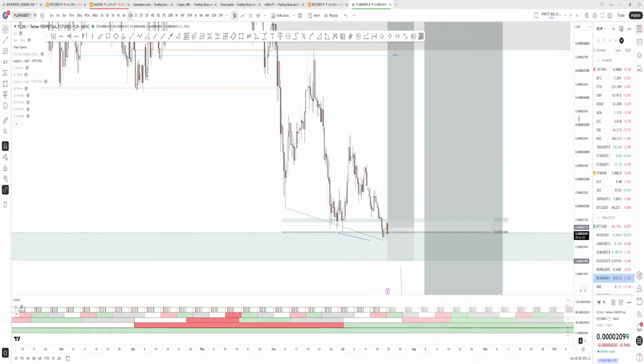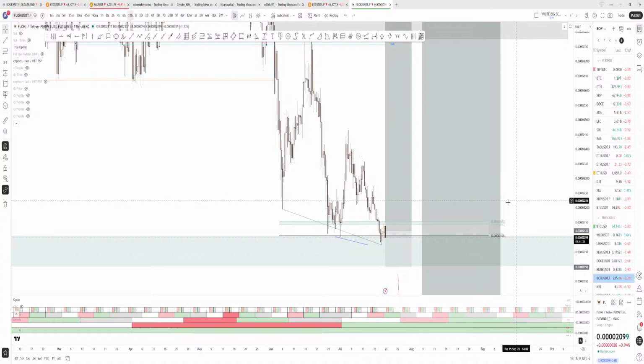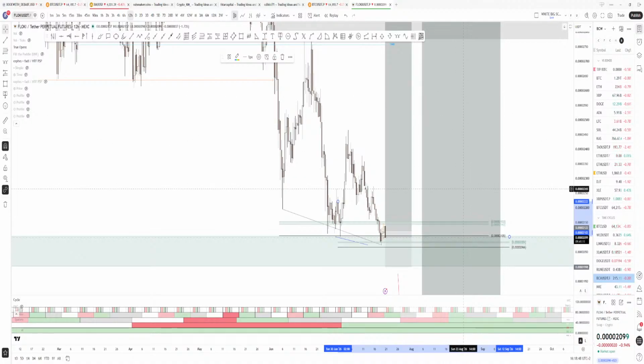Okay, it held this. It came down here. If we take it further, this is my liquidation level on the Floki, quite a big margin.